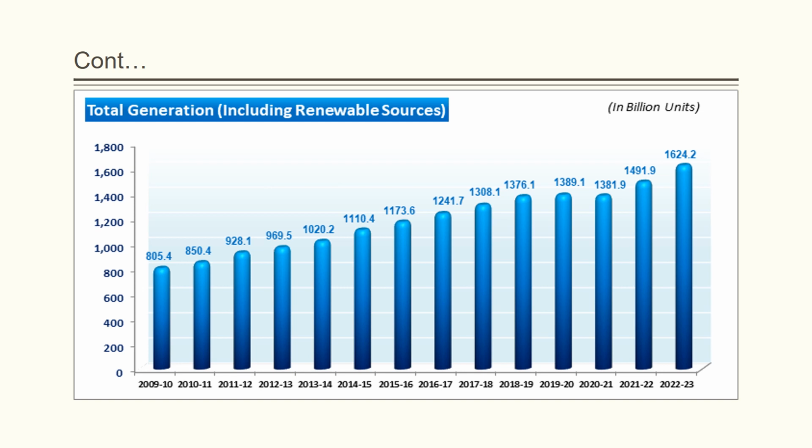In the year 2009-2010, 805.4 billion units were generated, whereas in the year 2019, after 10 years, it increased to 1389.1 billion units, and in the last year 22-23 it increased to 1624.2. This is how the generation increases, including the renewable energy sources.